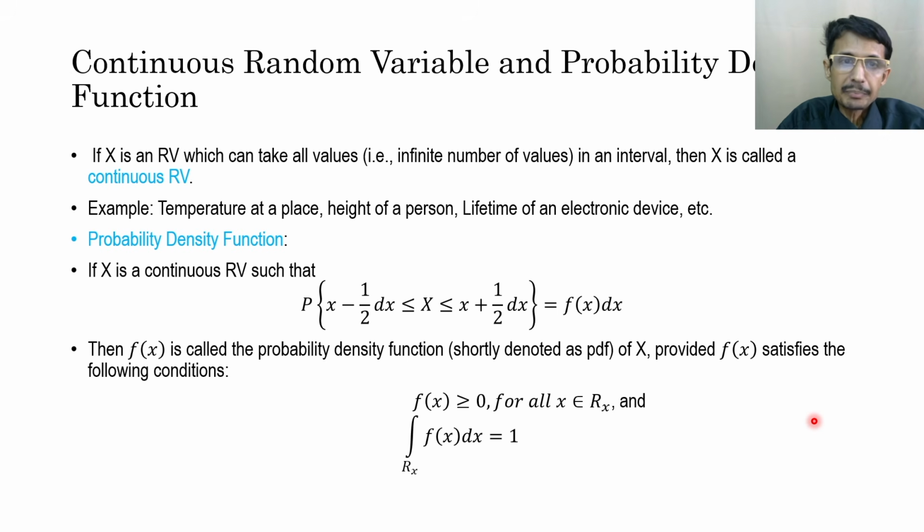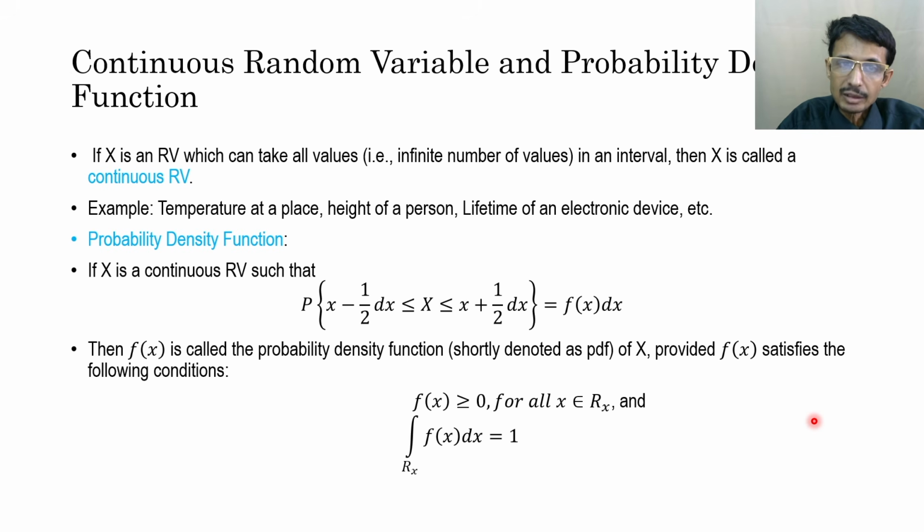For example, the temperature at a place, height of a person, lifetime of an electronic device, and so on. So the probability density function is defined as follows: if x is a continuous random variable such that P of x minus half of dx is less than or equal to capital X less than or equal to x plus half of dx, then this is f of x.